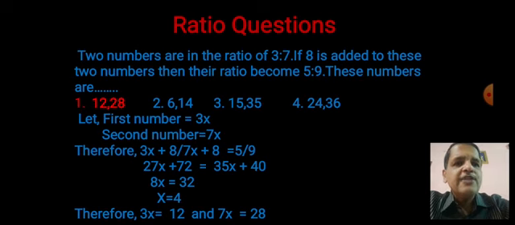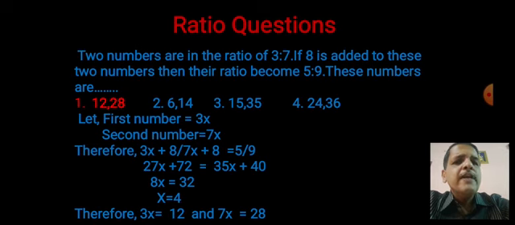Now make cross multiplication. 3x plus 8 into 9, so 9 3s are 27x plus 8 9s are 72, is equal to 7x plus 8 multiplied by 5, so 7 into 5, 35x plus 8 into 5, 40.